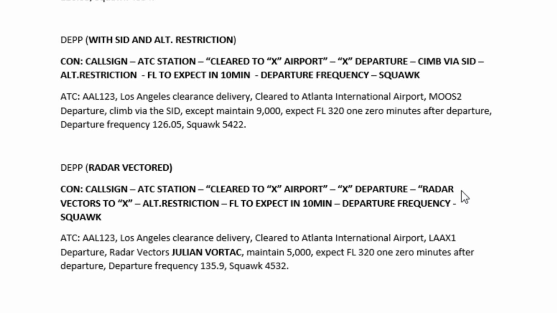I'll show you in a minute. But it will be, for example, America 123, Los Angeles clearance delivery, cleared to Atlanta International Airport, LAX 1 departure, radar vectors to Julian VORTAC, maintain 5000, expect flight level 320 10 minutes after departure, departure frequency 135.9, squawk 4532.